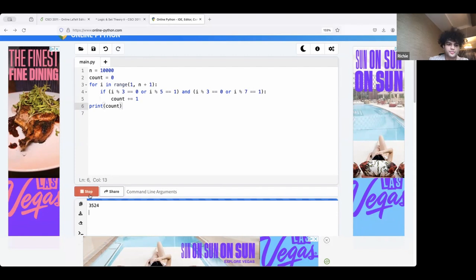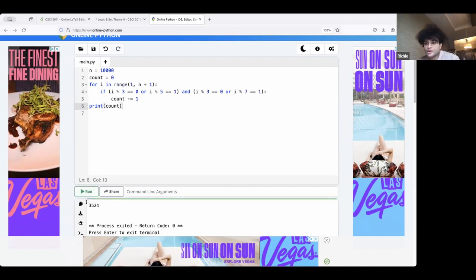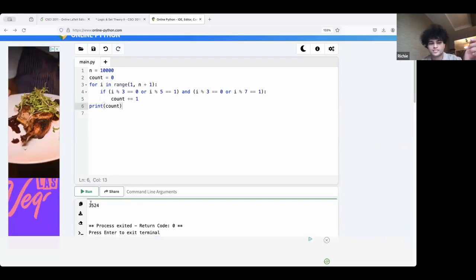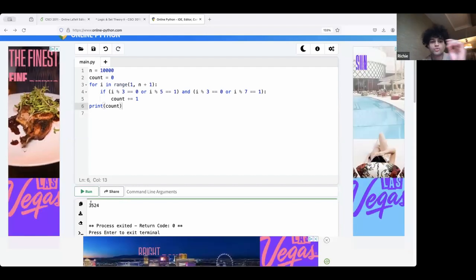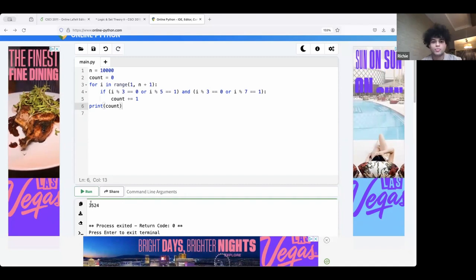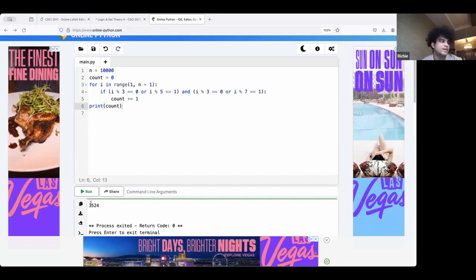And I do get the same answer. So as we can see, we can rewrite statements in equivalent ways. Oftentimes, for different code examples, writing something one way or another will be easier or harder. But you don't have to worry about whether this is actually correct or not, because you know mathematically that they're equivalent to each other.